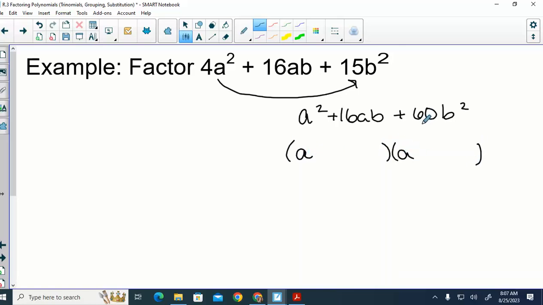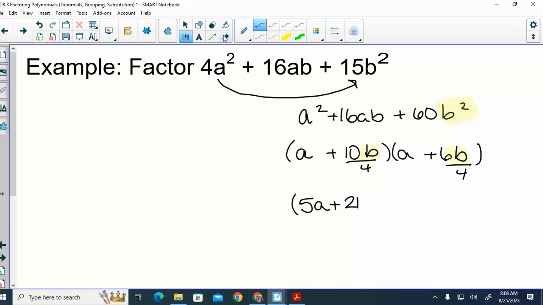You think of two numbers that multiply to 60 and would add to 16. 10 and 6. Alright, the only difference is this 60 had a b squared with it. So what do I need to put with each of these? A b. Alright, we started out multiplying by 4, so if we divide by 4, 10 over 4 is 5 halves, so that's 5a.